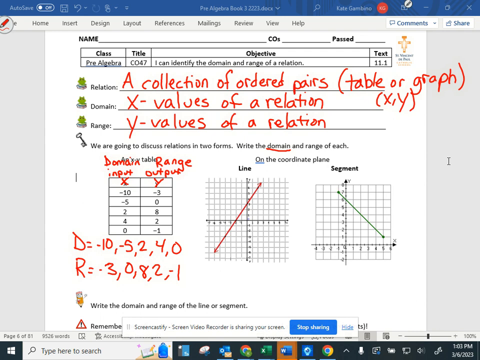So when we have a function table, we have specific x's and y's. These are our ordered pairs. Because I could look at my input and my output, and I could say this is -10, -3. This is -5, 0, because I know my x's and my y's.